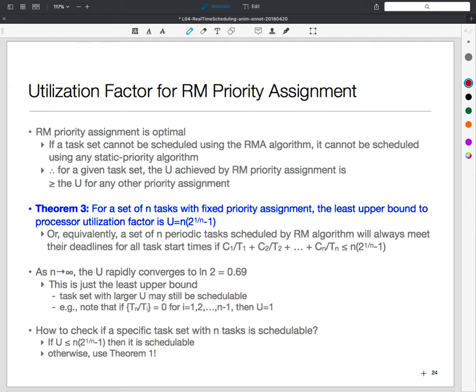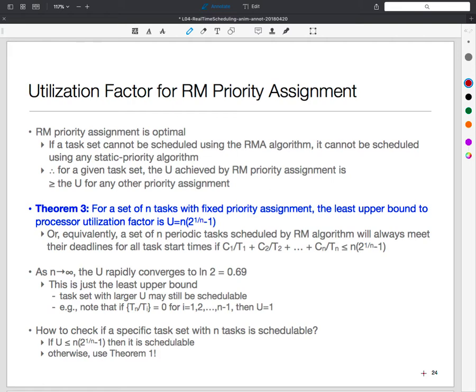The result that we have is the following: that for a set of n tasks with fixed priority assignment, the least upper bound to processor utilization is this number. What it's saying, in plainer English, is that if the processor utilization of the task set is less than or equal to this number, then any task set with n tasks is schedulable.